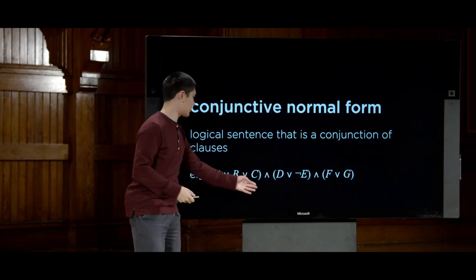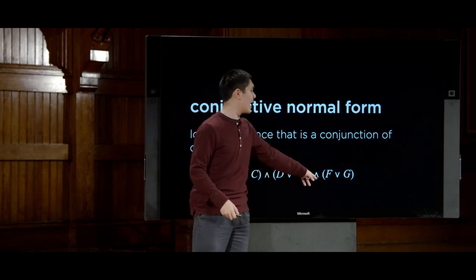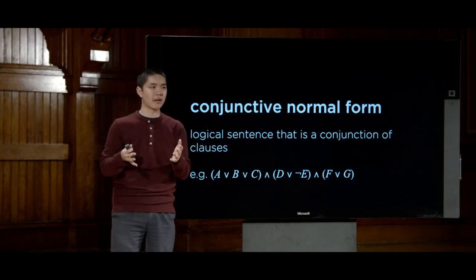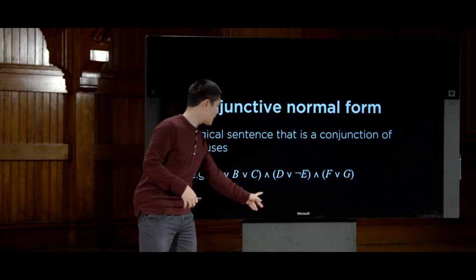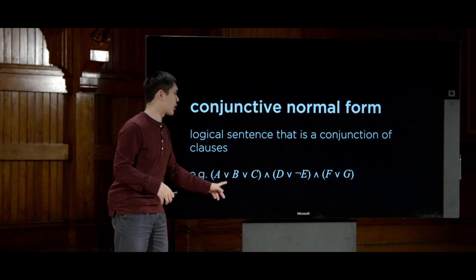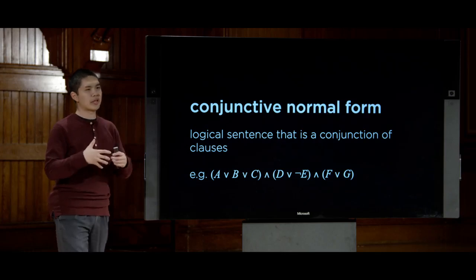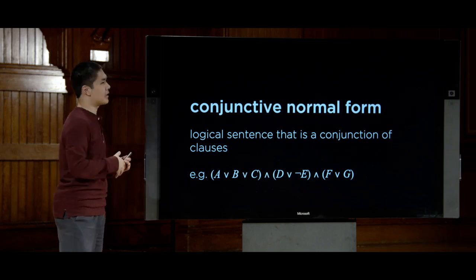So something like this: A or B or C, and D or not E, and F or G. Everything in parentheses is one clause. All of the clauses are connected to each other using an and, and everything in the clause is separated using an or. And this is just a standard form that we can translate a logical sentence into that makes it easy to work with and easy to manipulate.